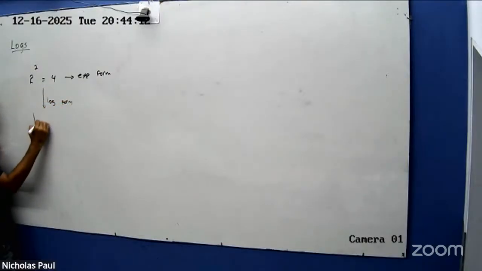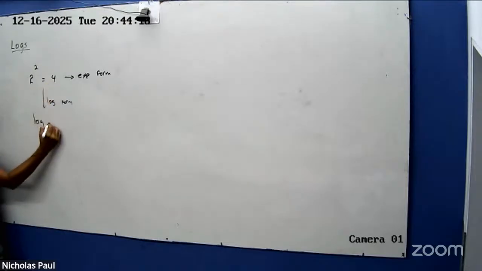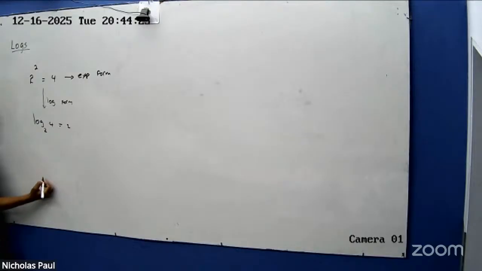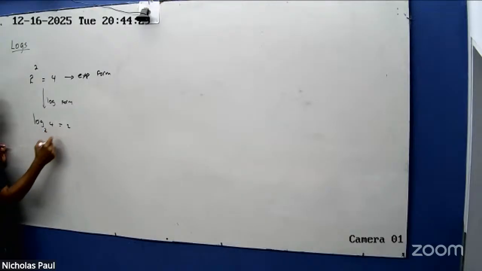So this will be log, and you write it like this. Take the 2, you write the 2 here, you take the 4, and you take the next 2 and bring it across. The way you read this off is log to the base 2 of 4 is equal to 2.